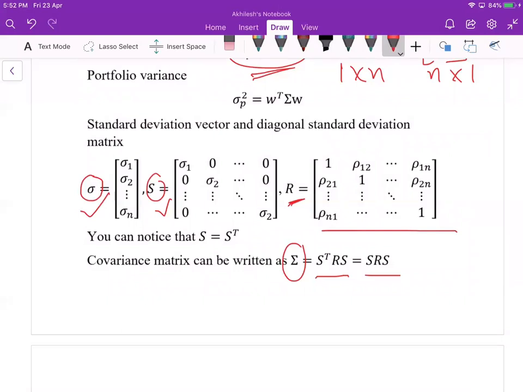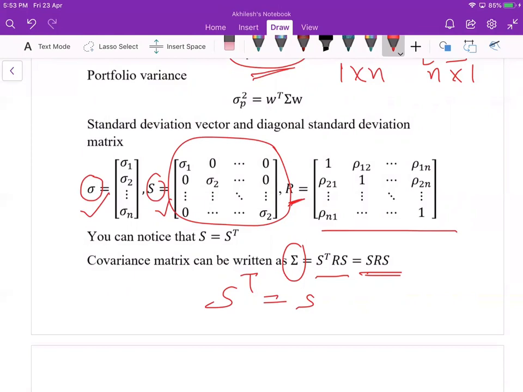When we multiply S transpose R S, S transpose equals S because it is a square, symmetric matrix. The transpose of S is S. So as S transpose equals S, SRS is the covariance matrix.